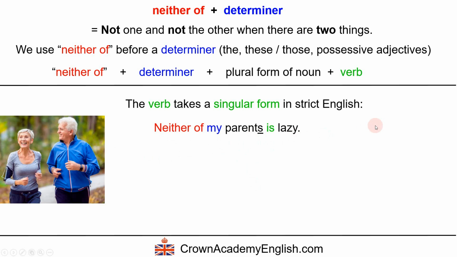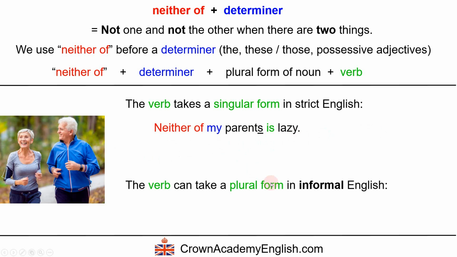However, in common, more informal English, the verb will often take a plural form. So you will often hear this: neither of my parents are lazy. This is acceptable in spoken informal English. In fact, many native English speakers do not even know this rule.